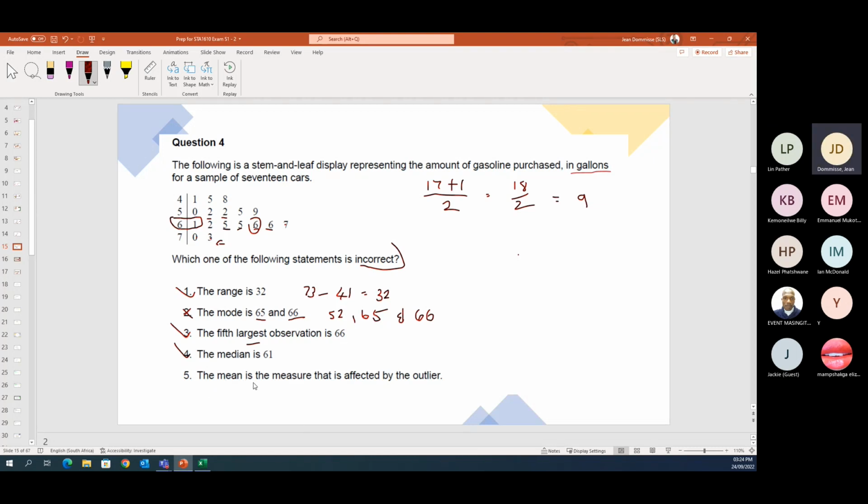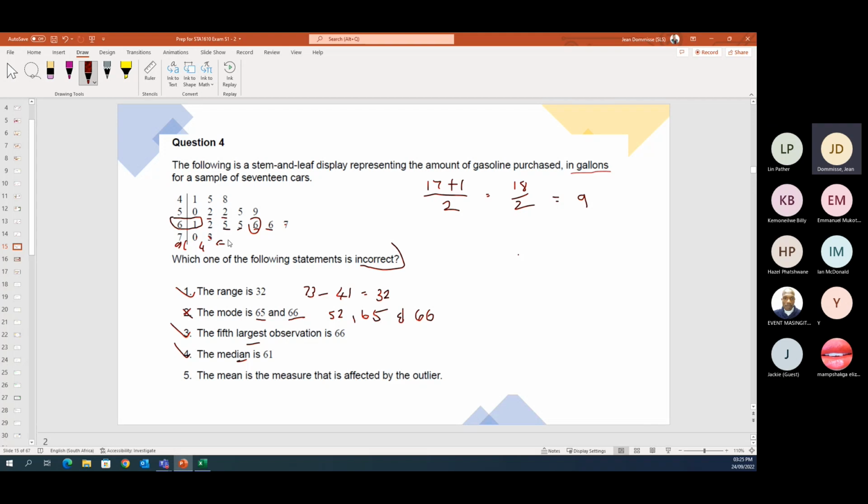The mean is the measure that is affected by the outlier. Okay, so if that number was not 73 but 94, the median would have stayed the same. It would have been your 9th number. Your mode would have stayed the same.